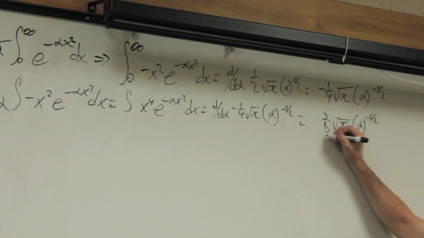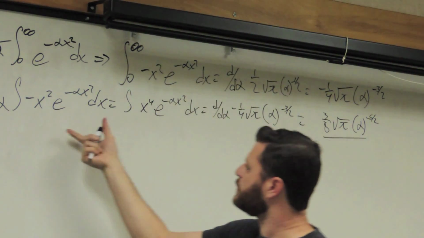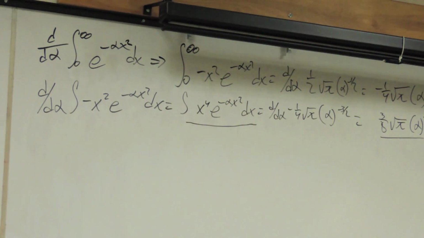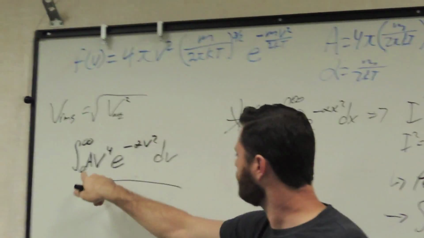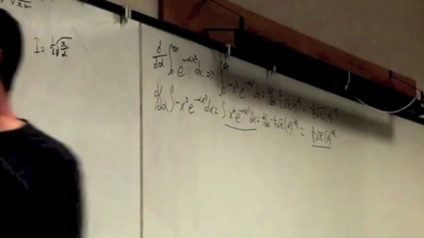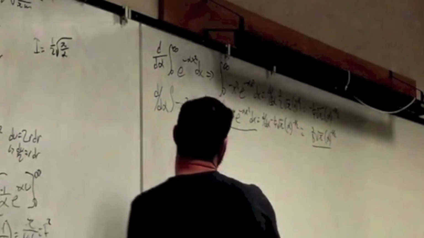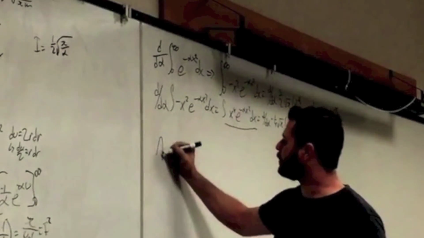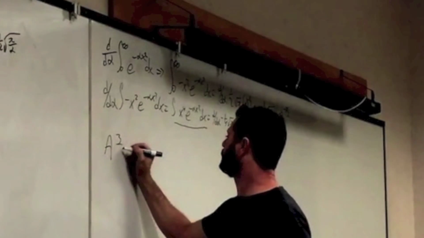And since this setup right here is exactly the same as this setup right here, we just have a constant there, but everything is exactly the same. You can actually just substitute your same alpha in here. Make sure you keep your a up front that we had there.